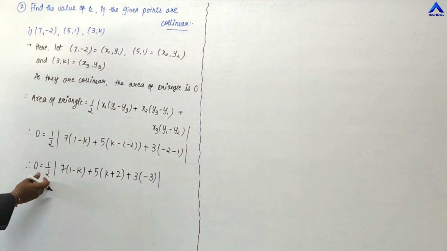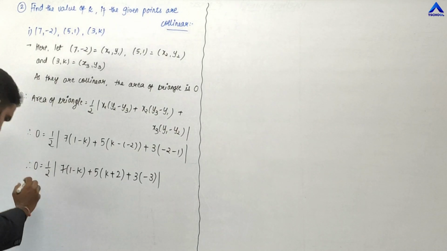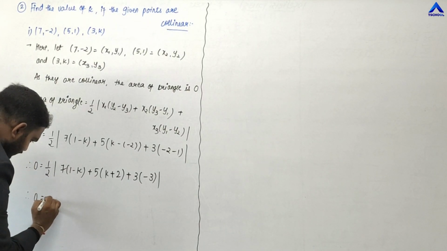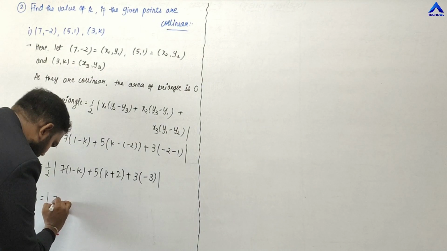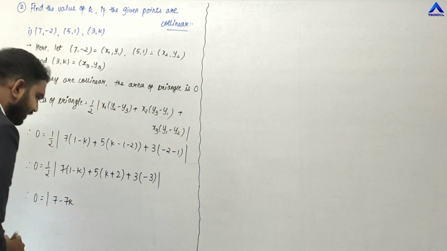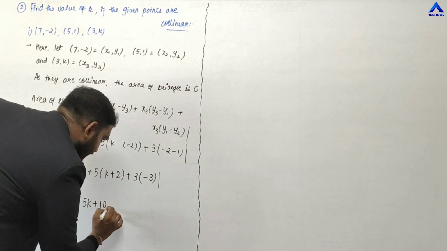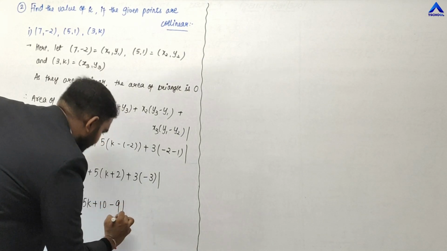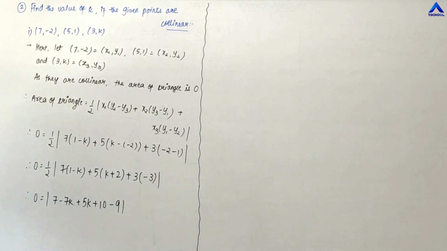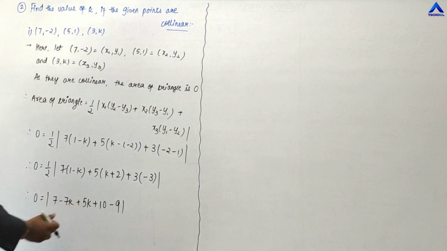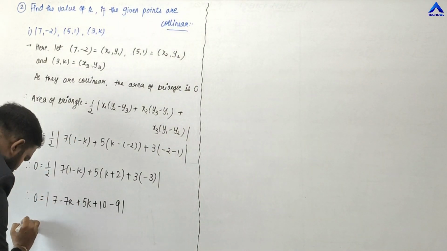Okay, so we just put the values of x1 y1, x2 y2 and x3 y3 here in this formula. Therefore 0 equals to half modulus 7 into 1 minus k plus 5 into k minus 2 plus 3 into minus 2 minus 1, that is minus 3. Let us multiply everything inside. This 2 will be multiplied here, that will become 0. Therefore 0 equals to modulus 7 minus 7k plus 5k plus 10 minus 9. Right? So we got this here. What is minus 7 plus 5? Minus 2.